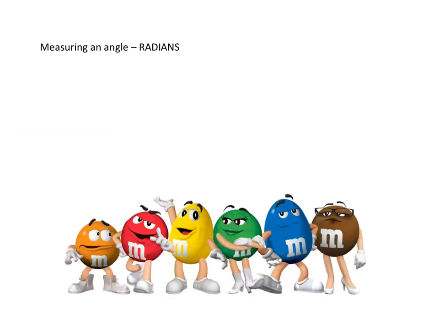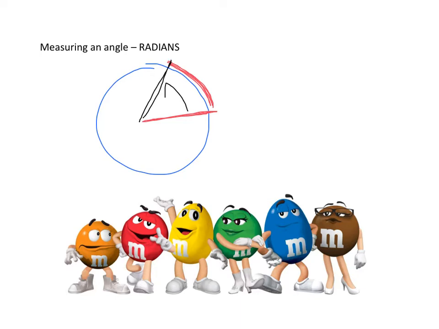Okay, measuring an angle in radians. We already talked about what a radian is in class with the M&Ms. We took our circle, took the length of our radius, measured it, laid it on the circumference, and the measurement of this angle was 1 radian.